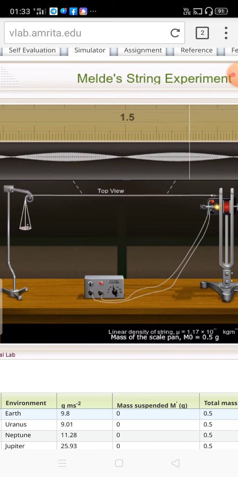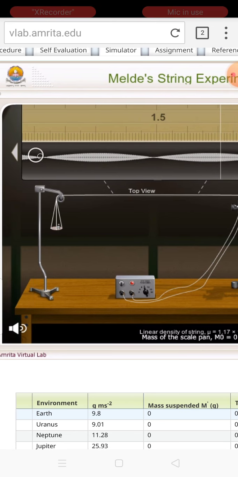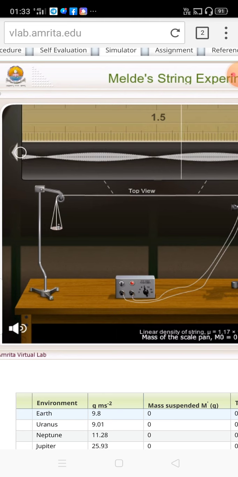See, it is coming almost to the middle position. Look at the movement, you just see it is coming towards the left side. Now it is coming, coming, coming.